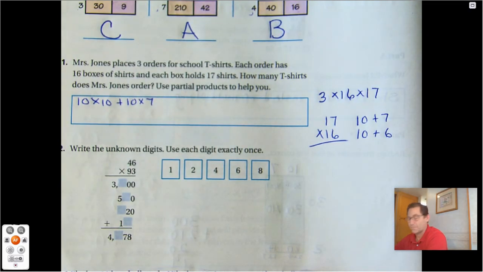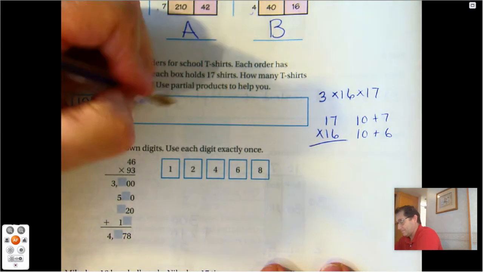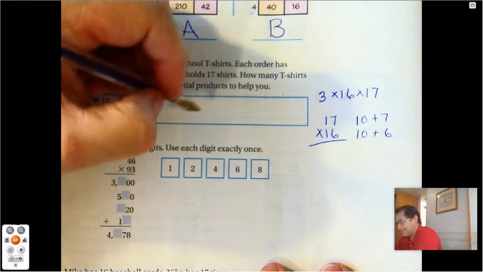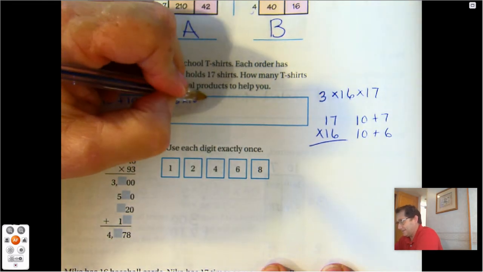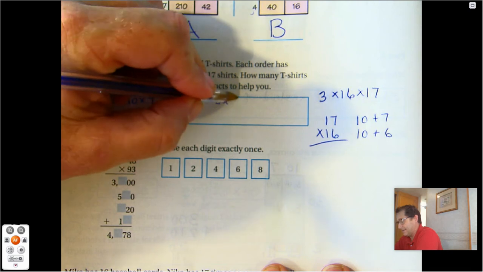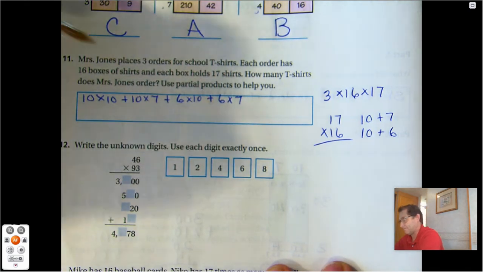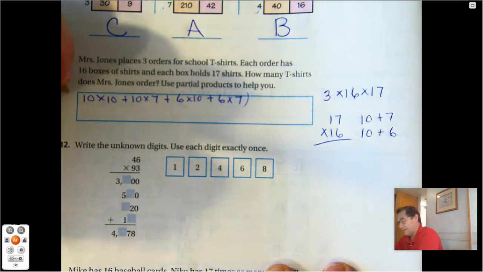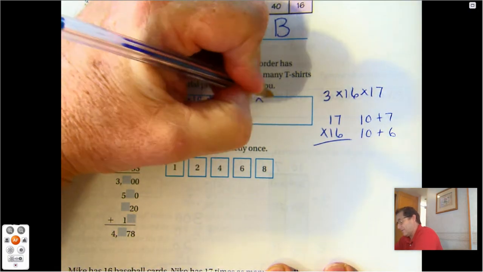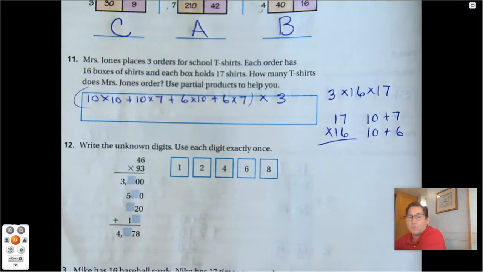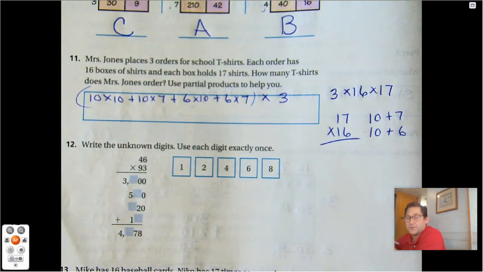We can have 6 times 10 plus 6 times 7. And then when we find that answer, we're going to multiply them all by 3 because she has 3 of these orders. So this is just one order.